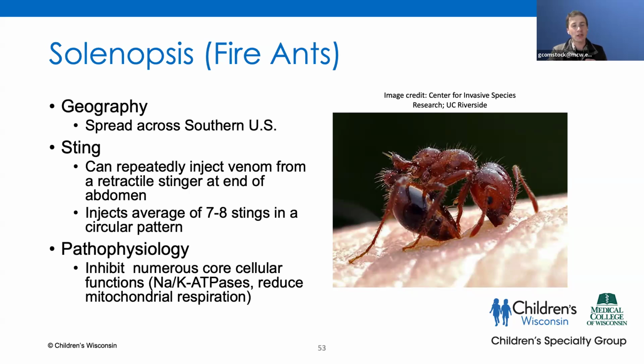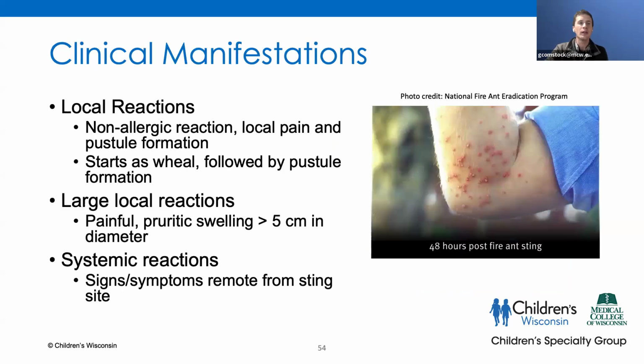As for pathophysiology, they disrupt core cellular functions in a number of different ways, such as disrupting the action of the sodium potassium ATPase and impairing mitochondrial respiration, but they are locally cytotoxic, I think, is the takeaway for their venom.